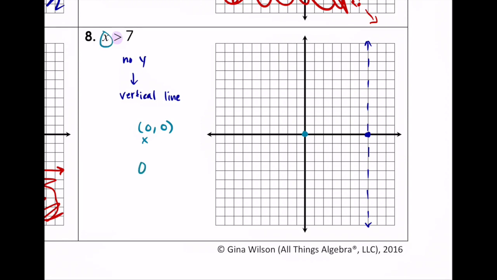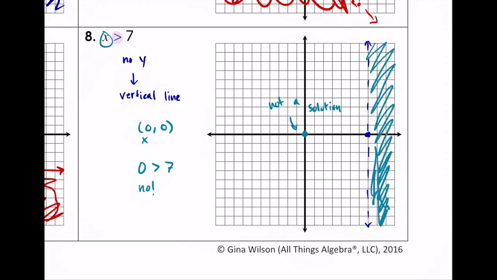If I plug in 0 for x, is it true that 0 is greater than 7? Well, no, that's not true. So because this is not a solution, it can't be in the shaded part of the graph. So that means the only place the graph can be shaded is on the other side of the line.